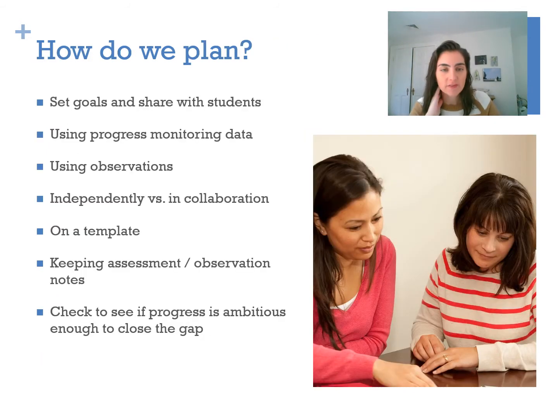Another decision we have to make as specialists is how do we plan? I recommend setting goals for each specific group or pair or individual student and sharing those goals with the student. That keeps you focused and the student. So that might be built into your practice already. You might already have to post your learning objectives and things like that in your classroom.